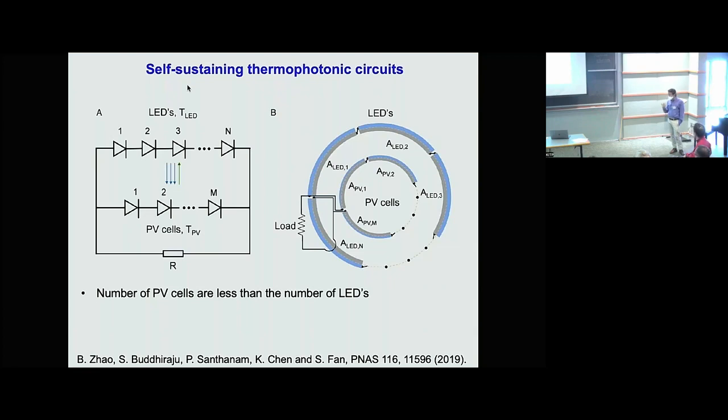So fundamentally, thermophotonics is a difficult concept because the difficulty is directly related to the difficulty of electroluminescent cooling. So even though we have the circuit, as you can tell, in our lab, we haven't really ventured to do this experiment because we are not sure that you can see the effect that we're seeing here.